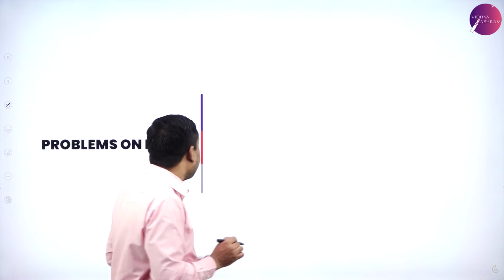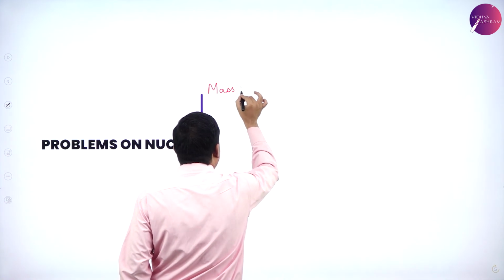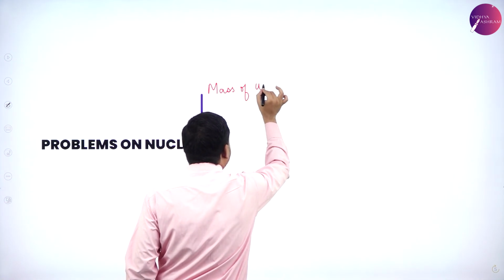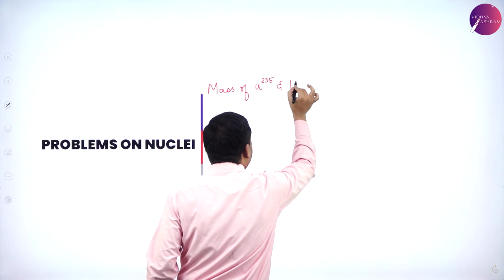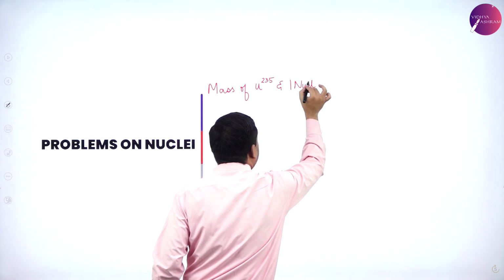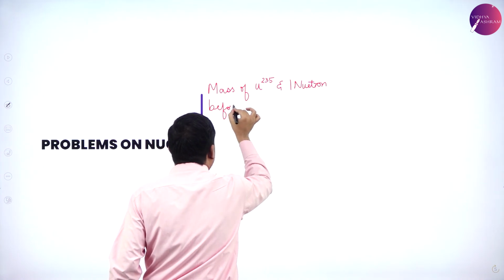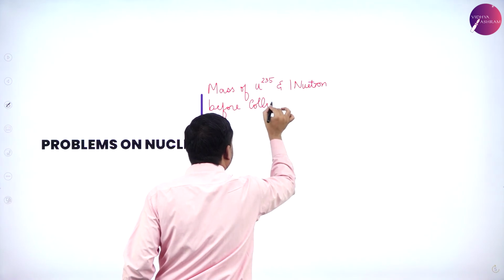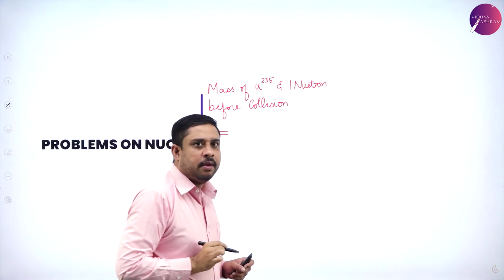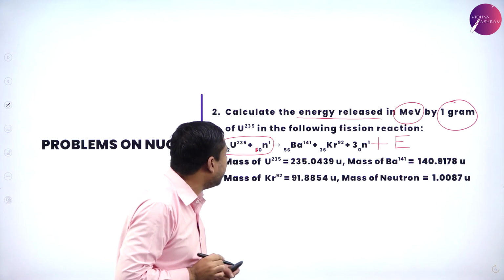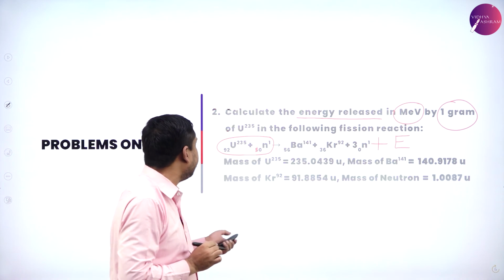So first, I will consider the mass of uranium-235 and 1 neutron before collision. So this is equal to, mass of uranium is given to be 235.0439.